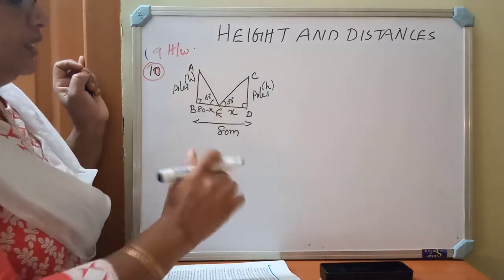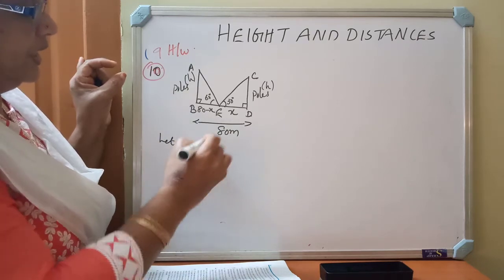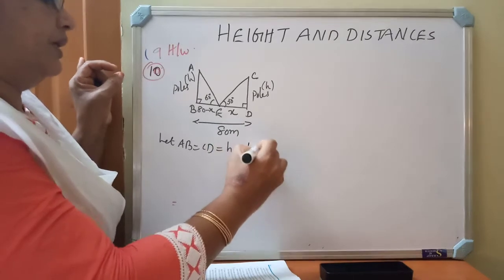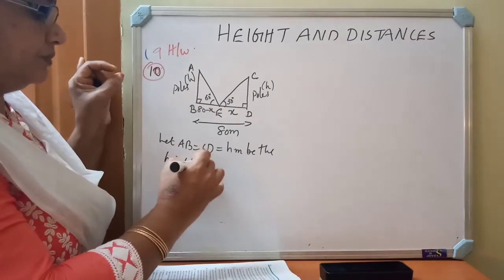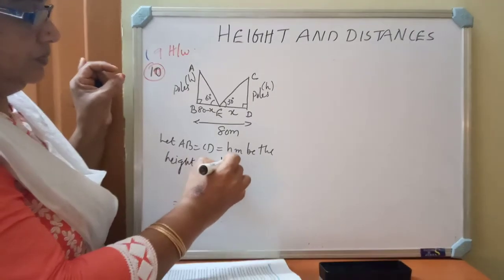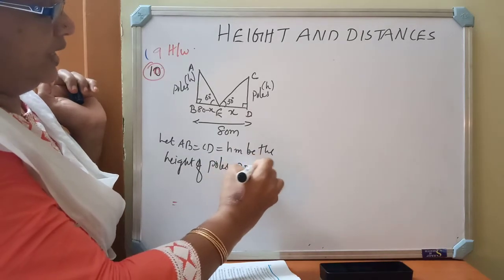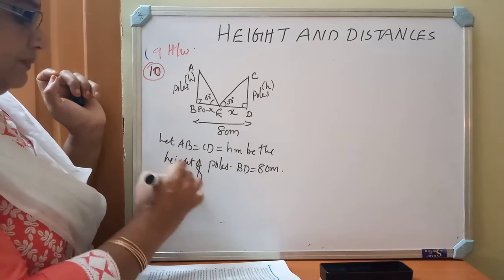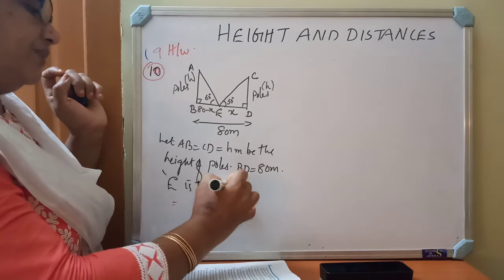Let AB equal to CD equal to h meter be the height of the poles, and BD equal to 80 meter, that is the width of the road. E is the point of observation from the road.